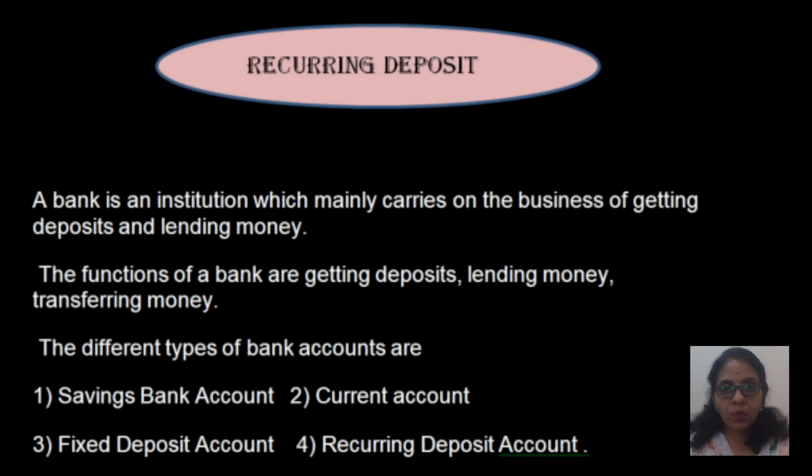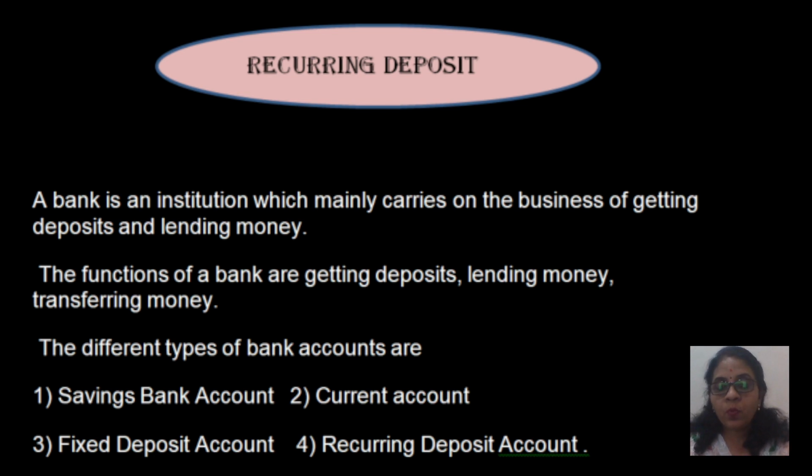Let's get started with our lesson, recurring deposit. Before we get into the lesson, you should know what a bank is and what the functions of a bank are. A bank is an institute or a firm which mainly carries on the business of getting deposits and lending money.